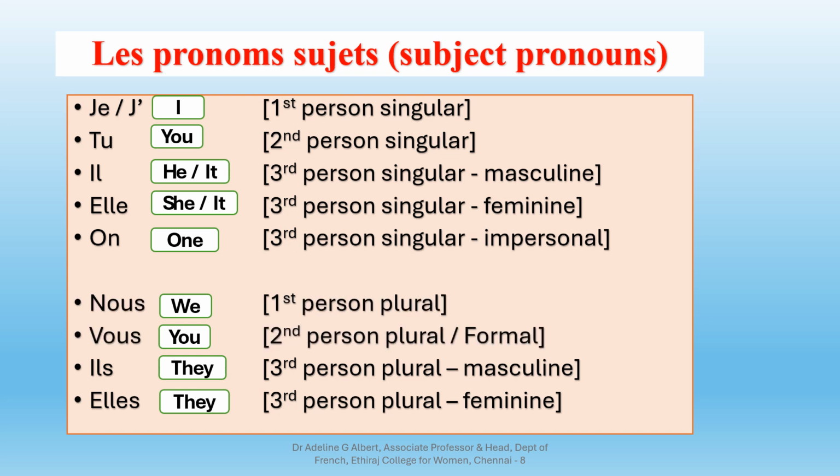Nous, vous, ils, elles. All together, je, tu, il, elle, on, nous, vous, ils, elles. Got it?